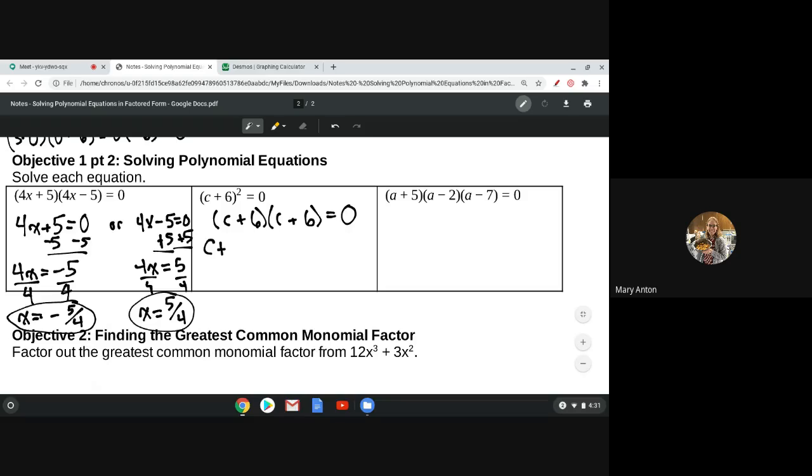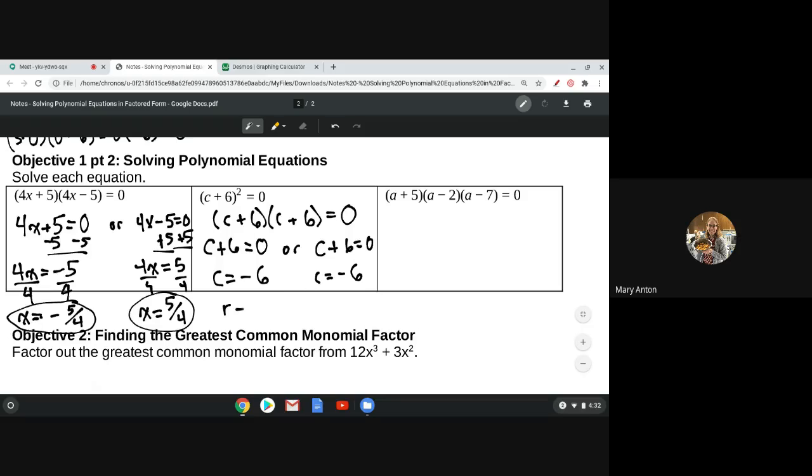So we have c plus 6 is equal to 0, or c plus 6 again is equal to 0. That means for both of these, c equals negative 6. So hey, we had two solutions, but they're the same thing.